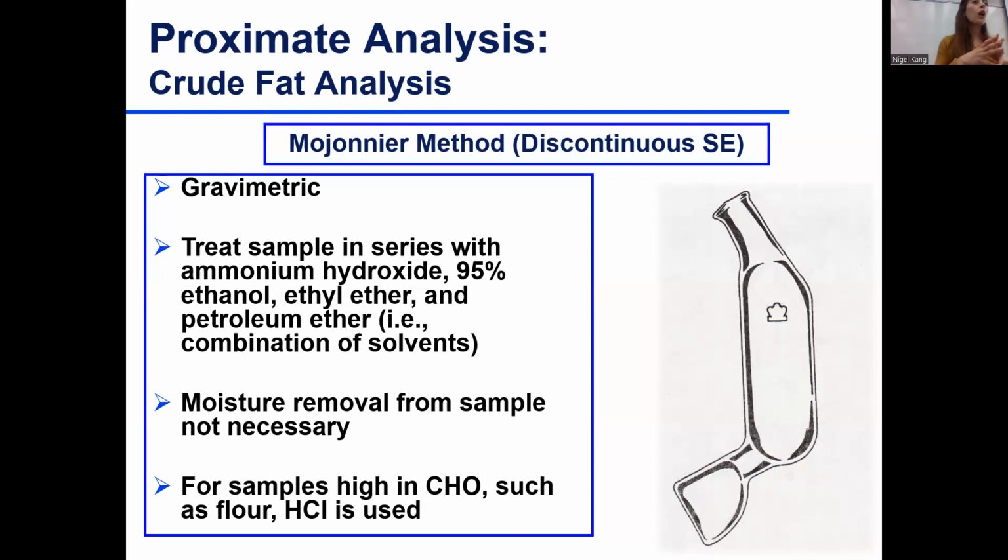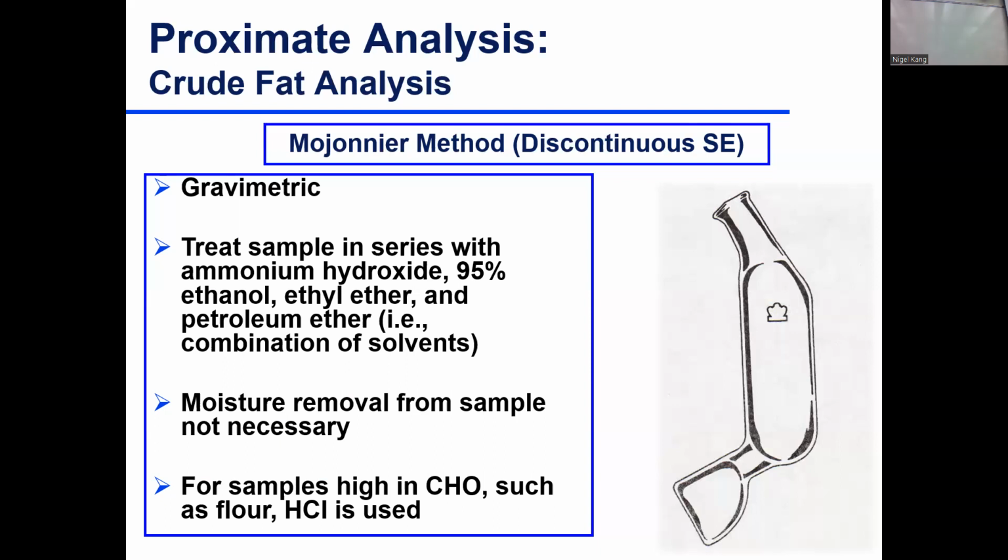If you have a complex sample which has high protein or high carbohydrate content, this method allows us to do digestion and make sure we break down the bonds between fat and protein or carbohydrate. How? If you use ammonium hydroxide, you are doing an alkaline digestion that breaks down the bonds between protein and lipid because it precipitates the protein.